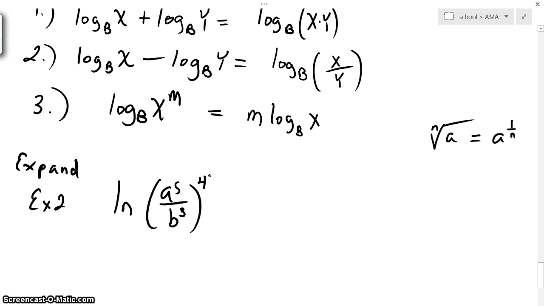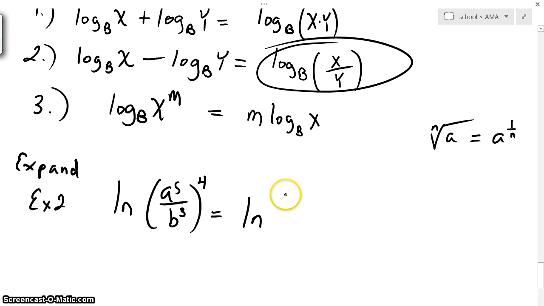Natural log is a log of base e, and if we'd like to expand this, I think sometimes we get a little worried about what's happening. It doesn't quite look exactly like property number 2 on the right-hand side here. It's looking somewhat close, it's just that we have this 4th power. Sometimes kids will ask if they could take the 4th power as it is and drop it out in front, use that third property. Indeed, you may.